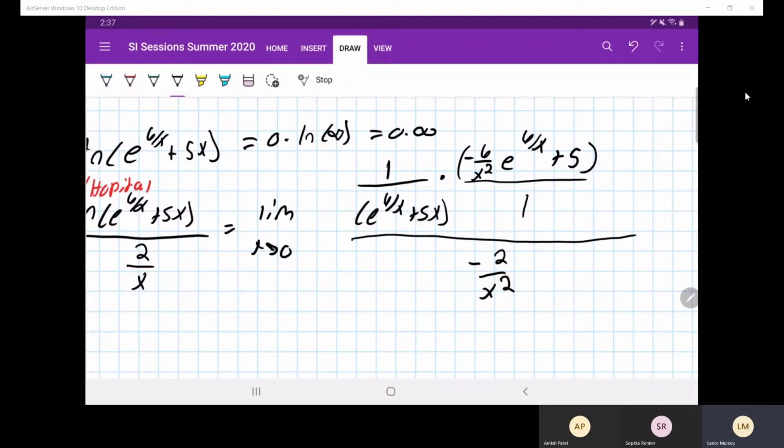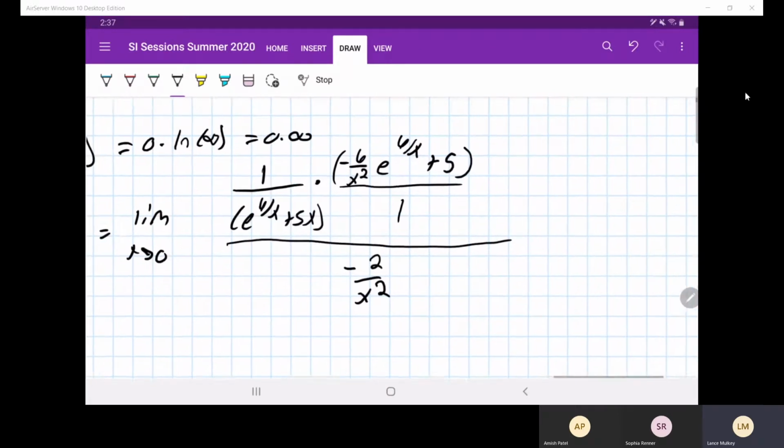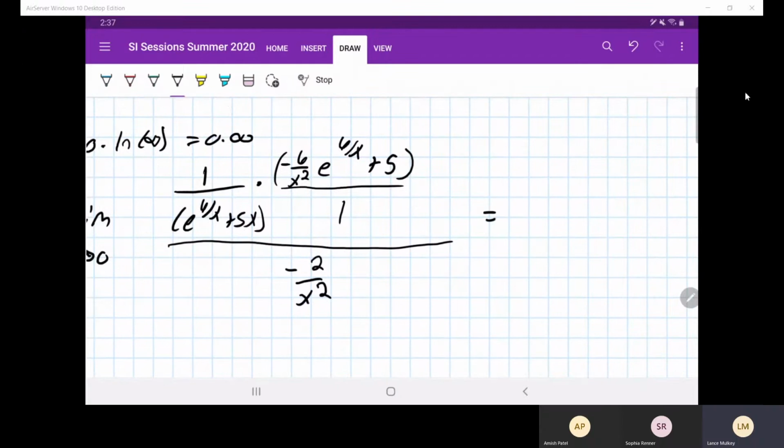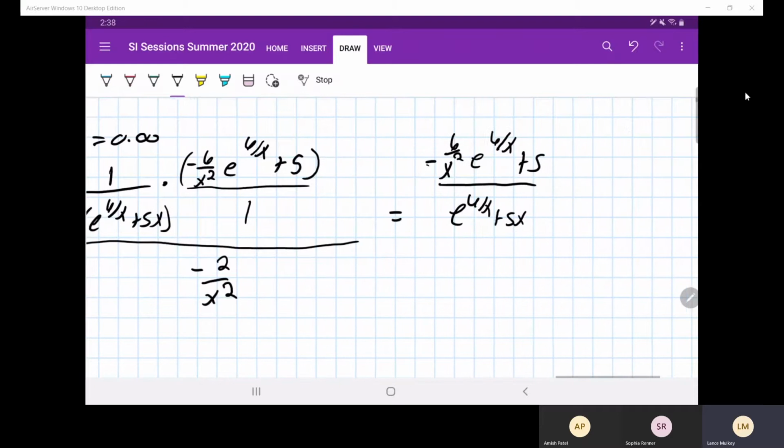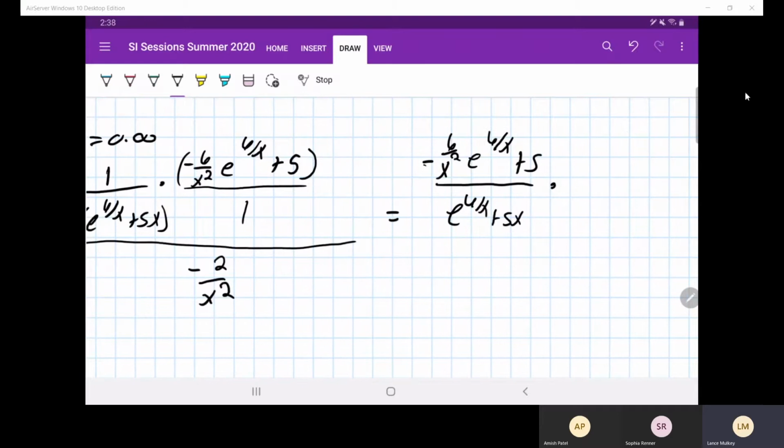Now, I haven't got this far on the problem before because I get to this and I usually get mad. But simplifying as much as we can, we get negative 6 over x squared times e to the 6 over x plus 5, over e to the 6 over x plus 5x, times, you can flip this, x squared over 2.